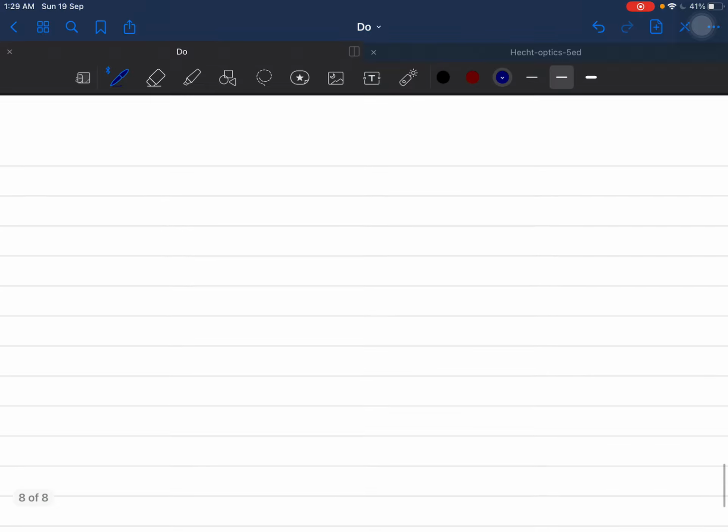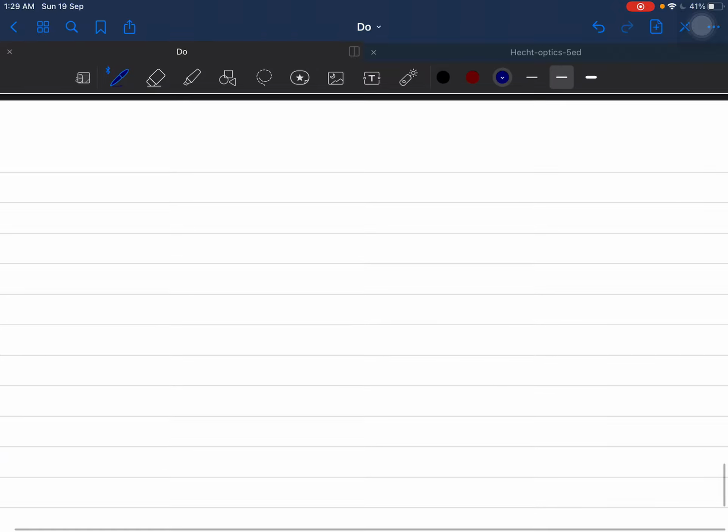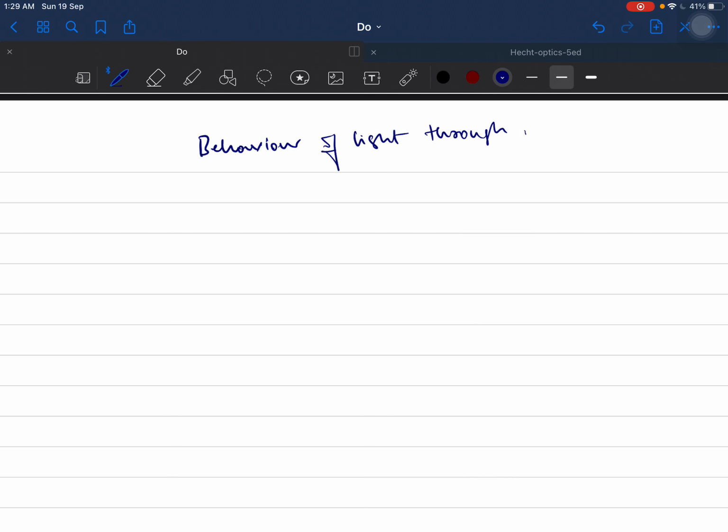So yeah, the main thing is this: the behavior of light through an aperture. This is what I call it. The behavior of light through aperture.